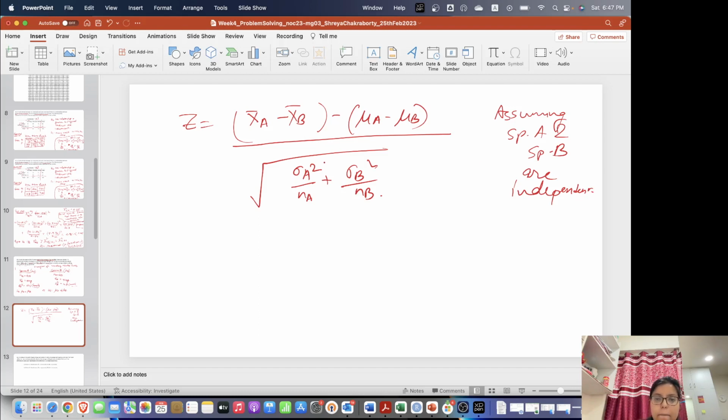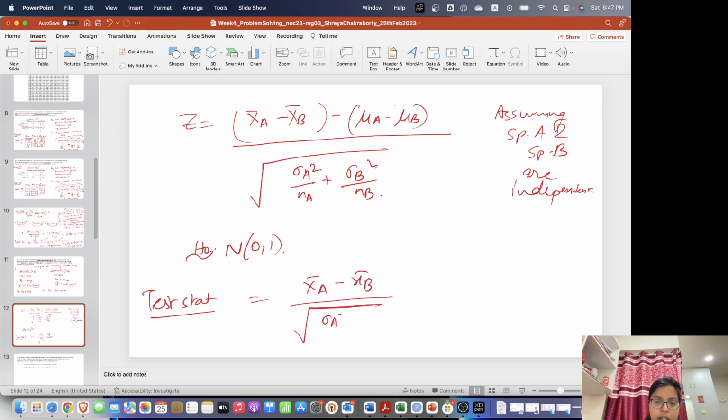Under H0 this follows normal 0,1 because mu A minus mu B is 0. So the test statistic becomes X_A bar minus X_B bar divided by root over sigma A square by N_A plus sigma B square by N_B.